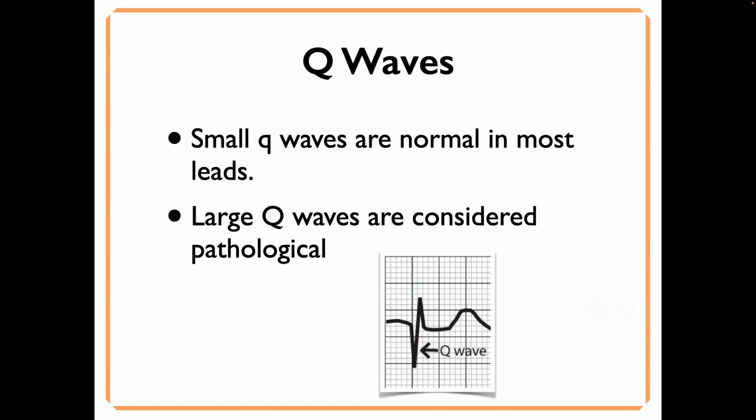Typically the way that we distinguish when we're writing between small normal Q waves and big pathologic Q waves is small we use small q and large we use capital Q. That's pretty standard convention and it's handy. Large Q waves are considered pathologic or at least possibly pathologic. So that begs the question, what's the difference between small and large?